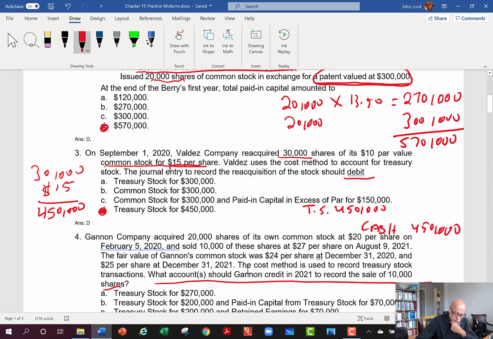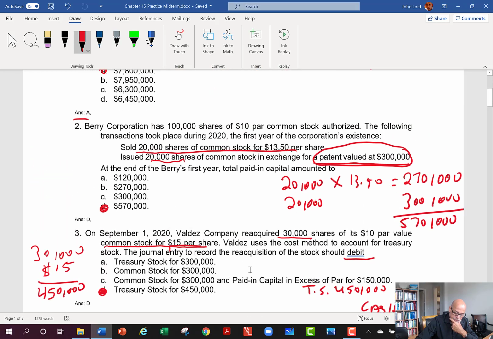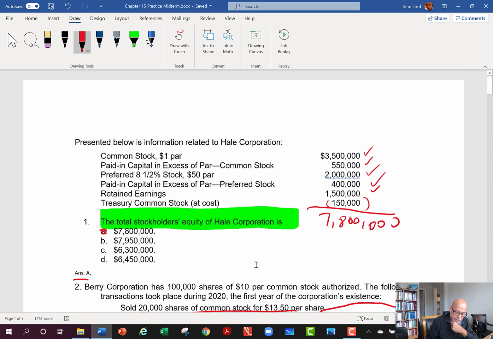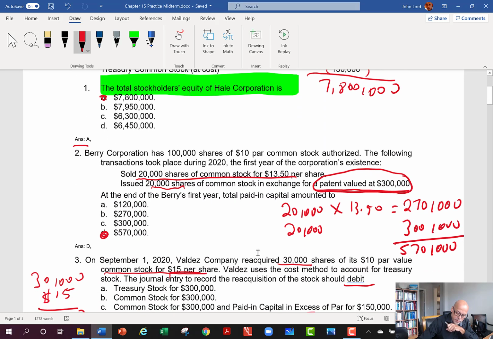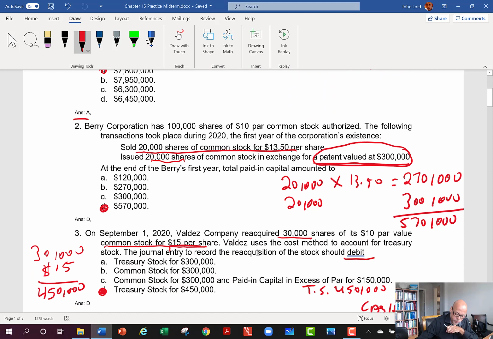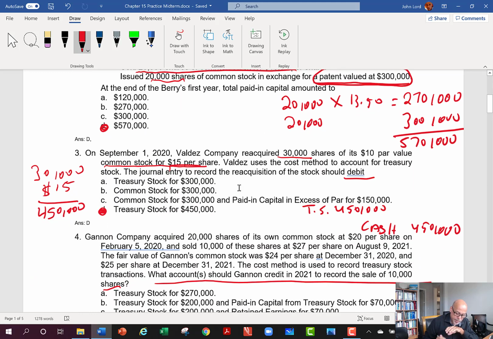Well, 10,000 times 27 is going to be a debit to cash of 270,000, right? When they resell the shares, and then they are going to take it out of treasury stock at the original price that they had reacquired it for.